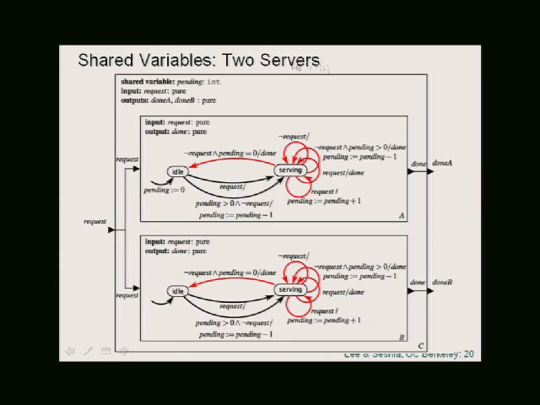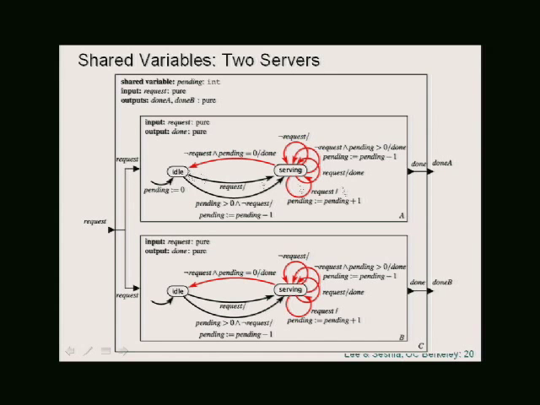Think of the done signal as the result, okay? And so you can have a done signal from A or the done signal from B. And these are identical copies. So the state machine you have up here for A is the same as the state machine you have up here for B, right? So you have a bank of identical servers.